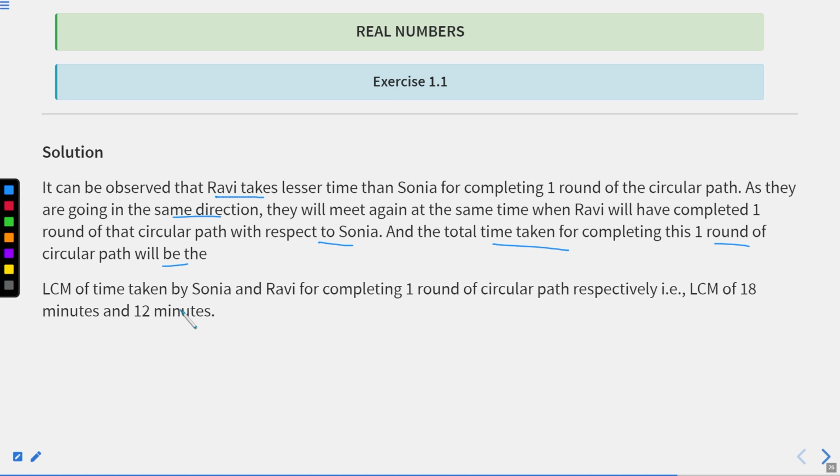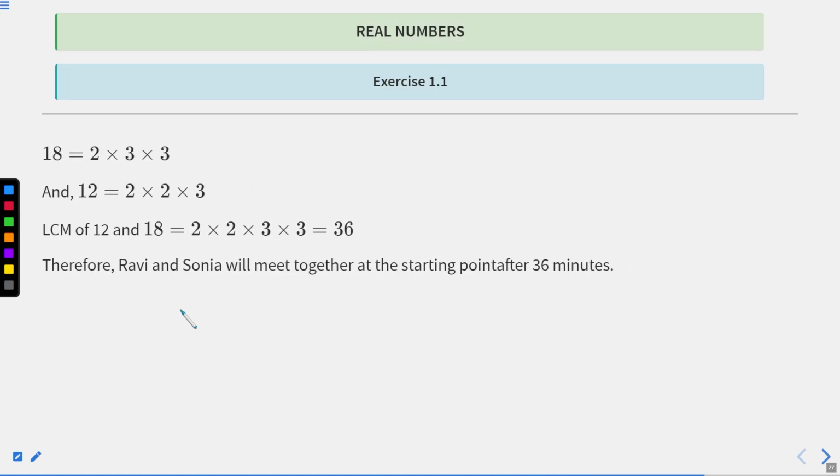We can now factorize 18 as 2 into 3 into 3, that is 2 into 3 square. And we can factorize 12 as 2 into 2 into 3, that is 2 square into 3. Here the prime factors are 2 and 3.